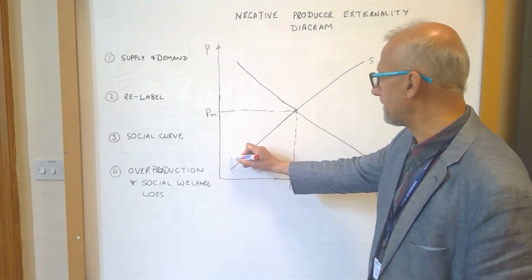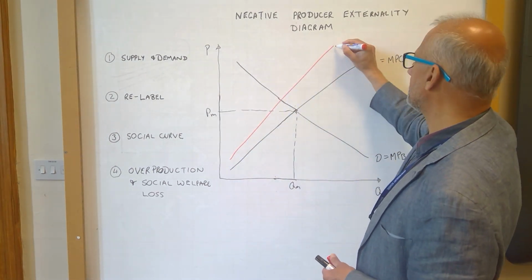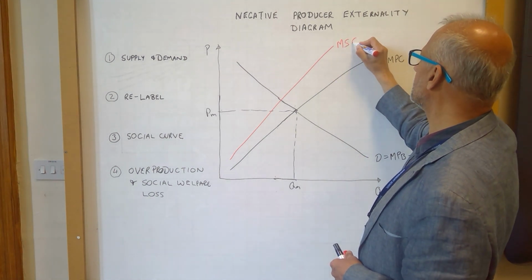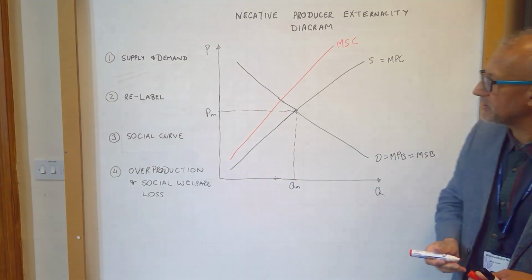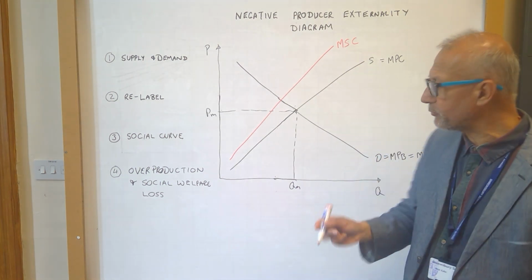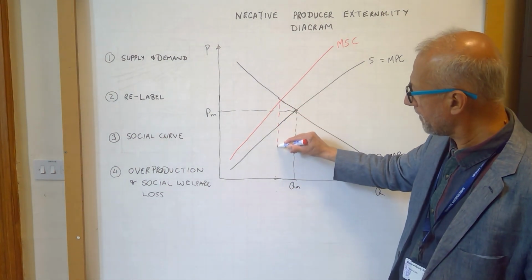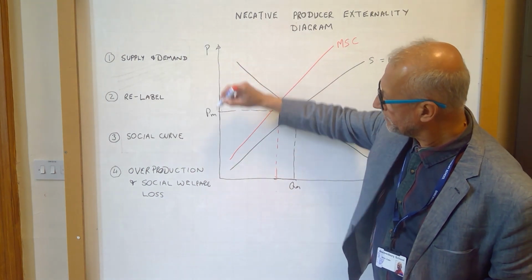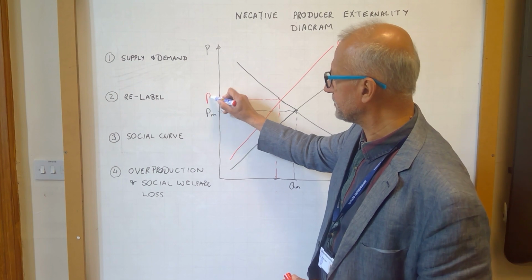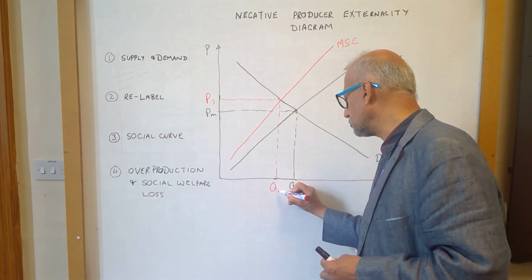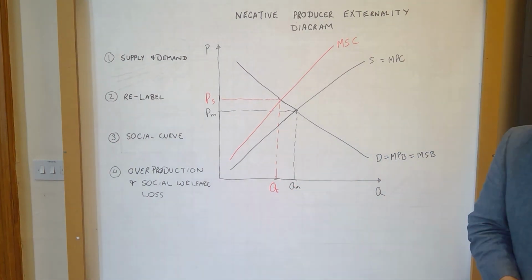So, marginal social cost line. So we've now drawn in the social curve, and we've come up now with a new equilibrium. And that's the price social, and that's the quantity social.